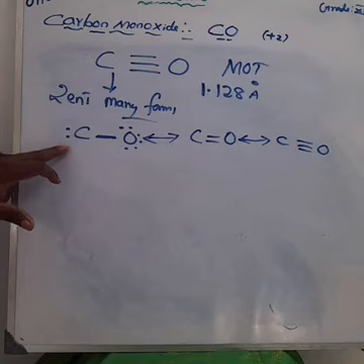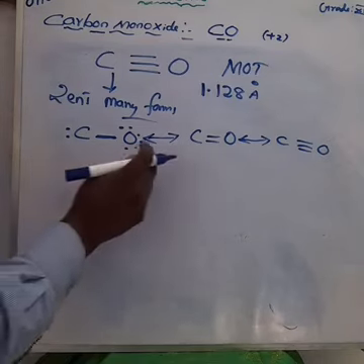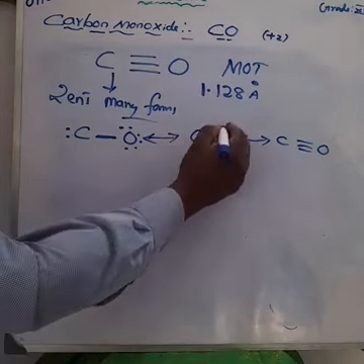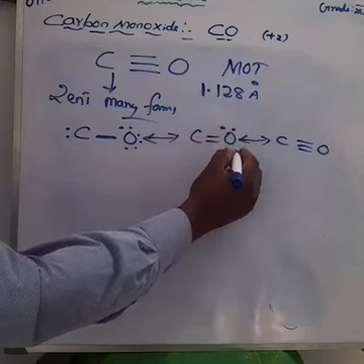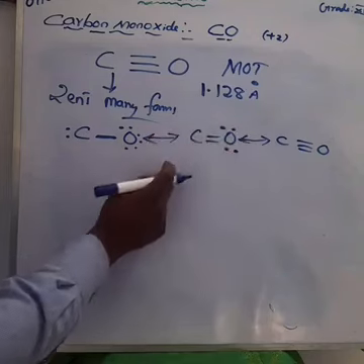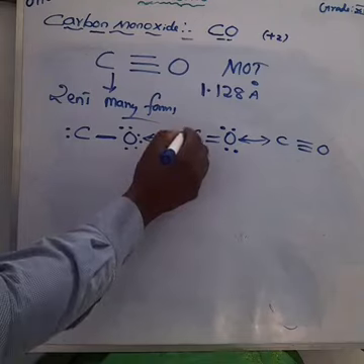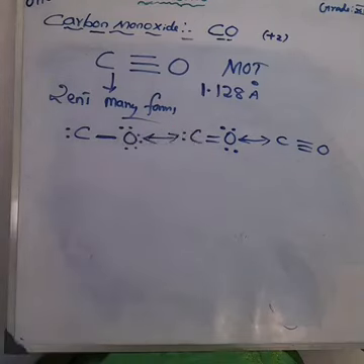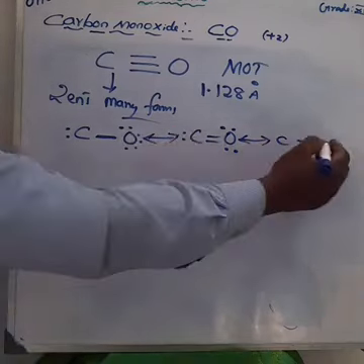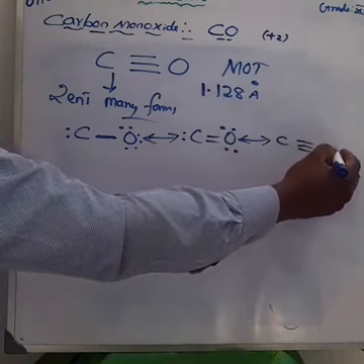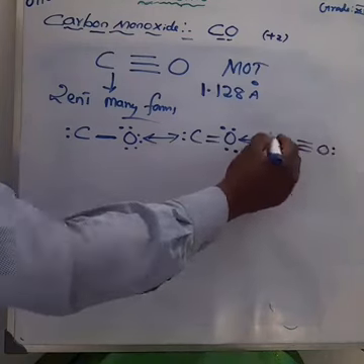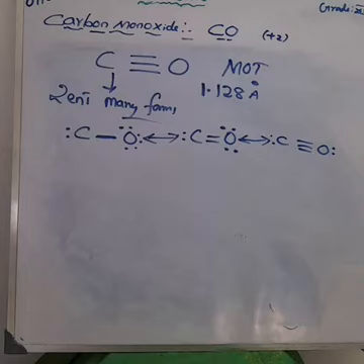With a triple bond, oxygen has 2 electrons, and carbon also has 2 electrons. Can you understand? Try to understand the concept.